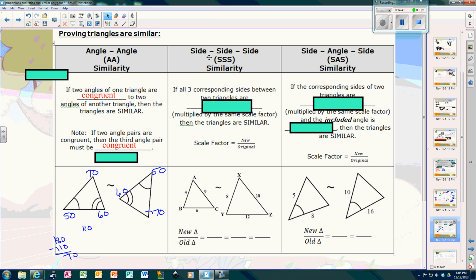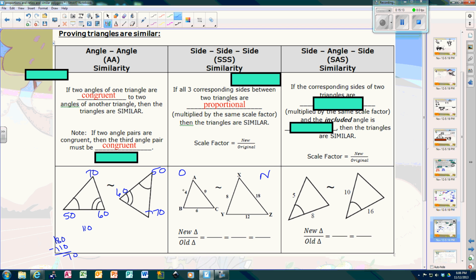Okay? Then there's side, side, side, and that means all 3 sides are proportional. Just like we did on the previous page, we found that their scale factor was all the same. So that made them proportional. So for example, this is your new, this one is your old. I got bigger, so my scale factor is going to be bigger than 1.